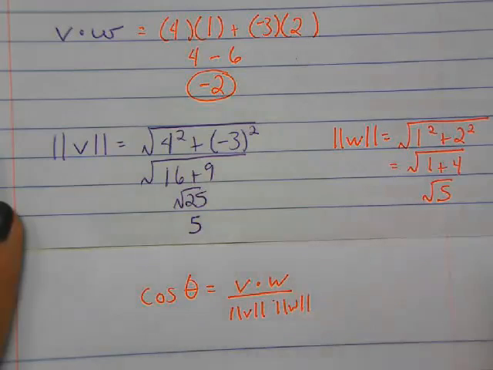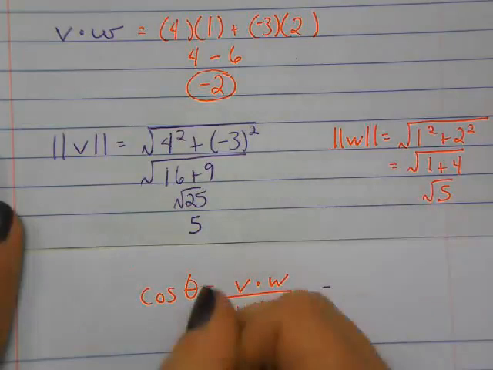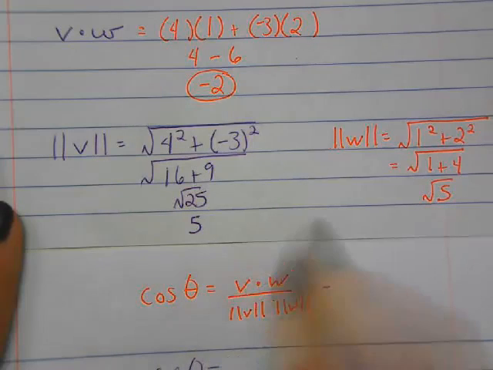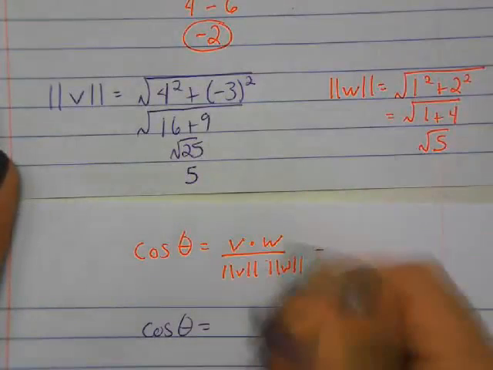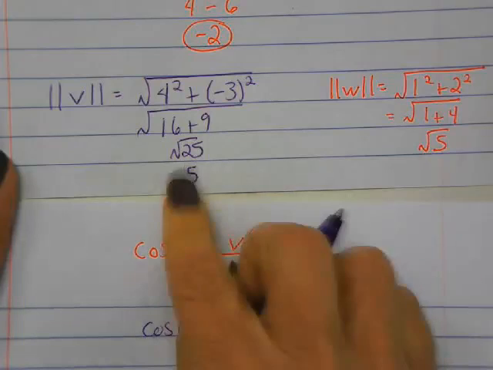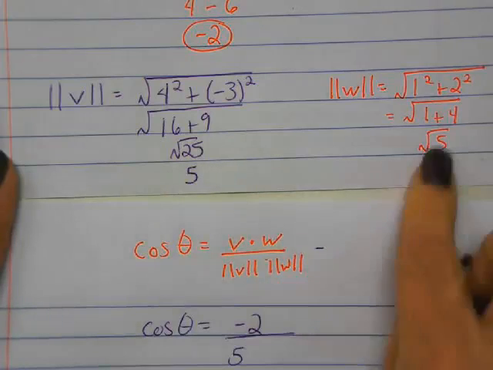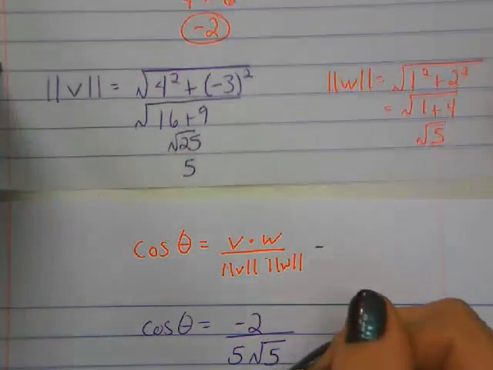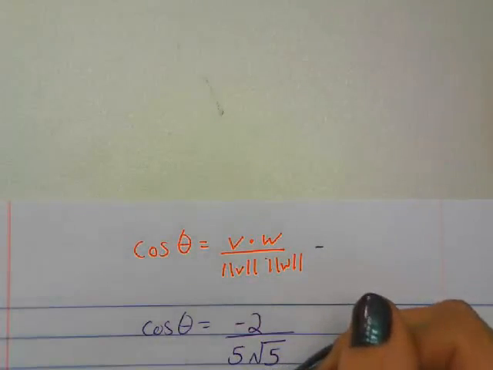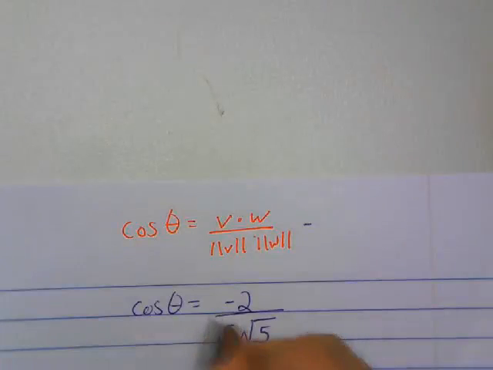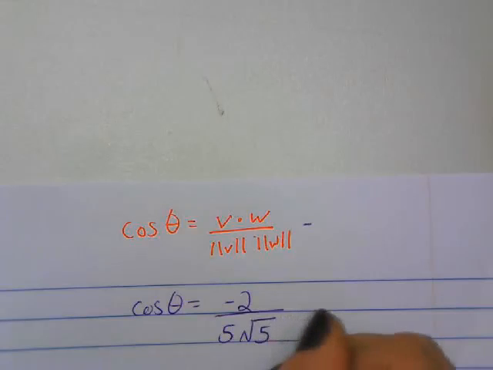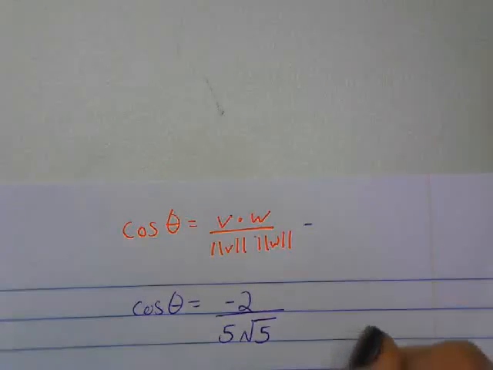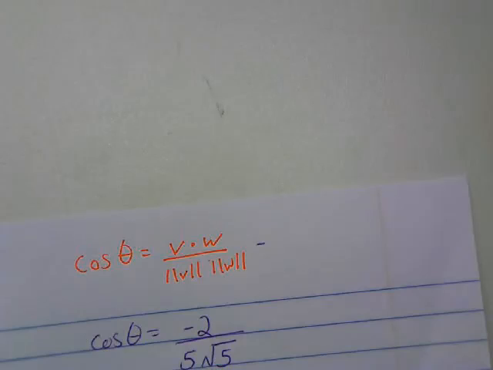We know that for the cosine of theta, my v dot w was negative 2. My magnitude of v is 5. My magnitude of w is the square root of 5. Okay? So to get theta, do you agree that I want to take the inverse cosine of negative 2 over 5 square root of 5? So grab your calculator. Mine is buried somewhere.